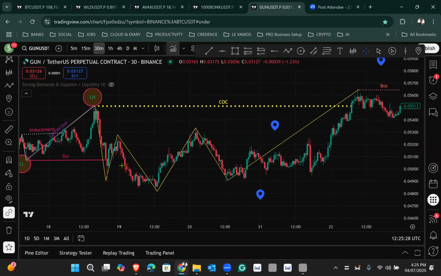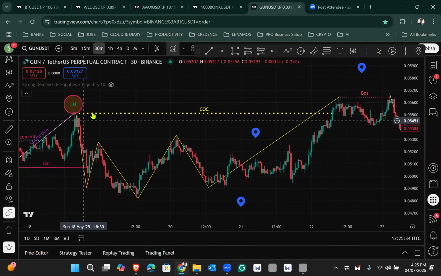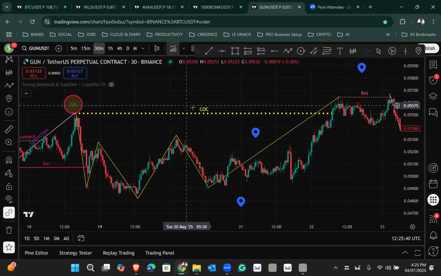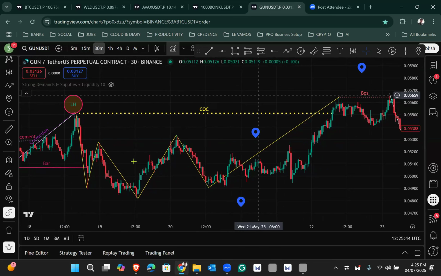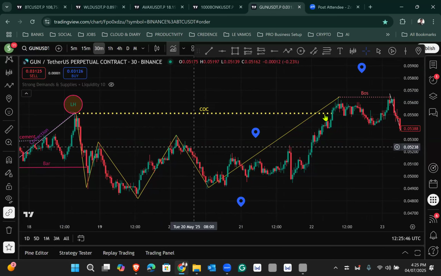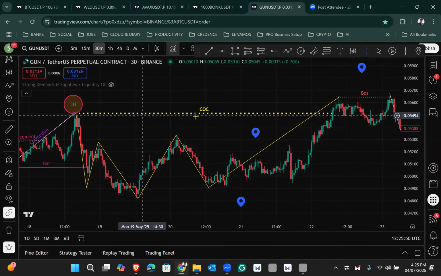So here is the downtrend. So you can see we have a break above the lower high, which is a CHoCH. It broke this place, so this can be a change of character. Is it so? Yes.